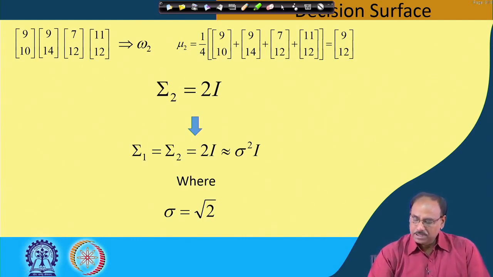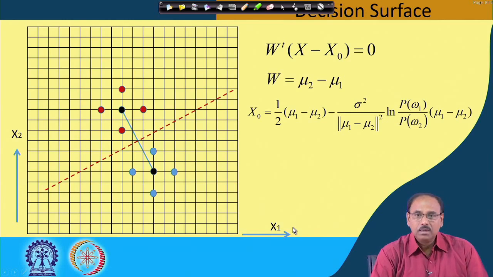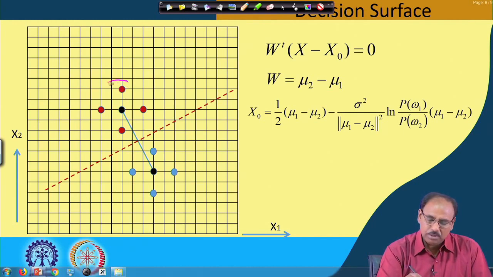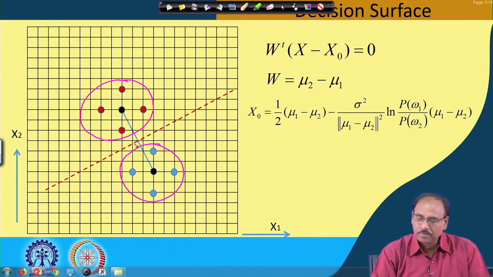So, given these calculations, now let us see how the decision boundary will look. Come to the same set of points as we showed earlier, where these points belong to class omega 2, and these were the set of points taken from class omega 1.